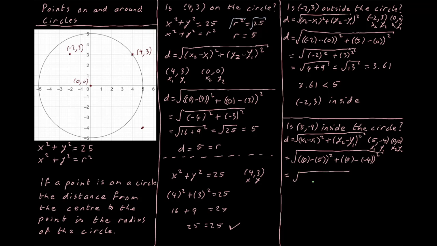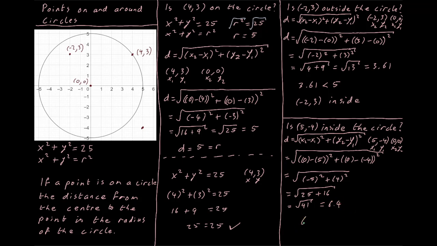We end up with the square root of minus 5 to be squared plus minus by minus is a plus 4 to be squared. All of this can go in the calculator. We get the square root of 25 plus 16, so we get the square root of 41, which when we put it into our calculator ends up being approximately 6.4.